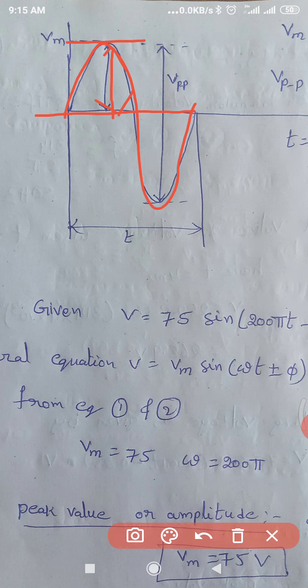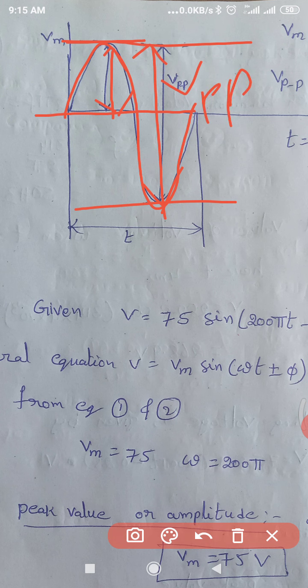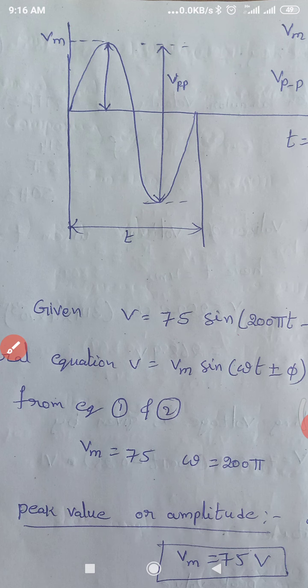If you consider the positive peak to the negative peak, this is called peak to peak, Vpp. If we consider the values from 0 to the positive peak, it is considered as the maximum value. But if you consider the maximum positive peak to the maximum negative peak, it is considered as the peak to peak value.